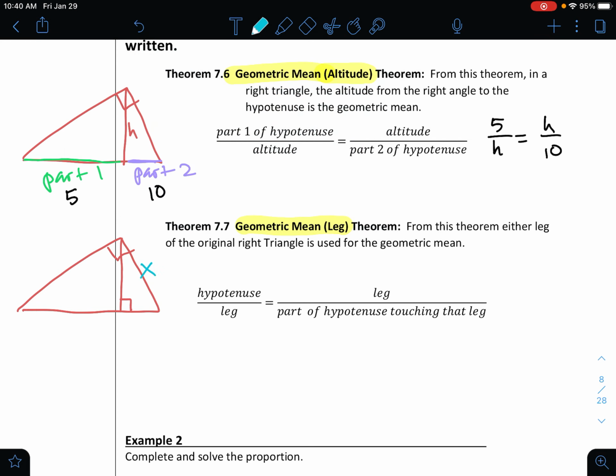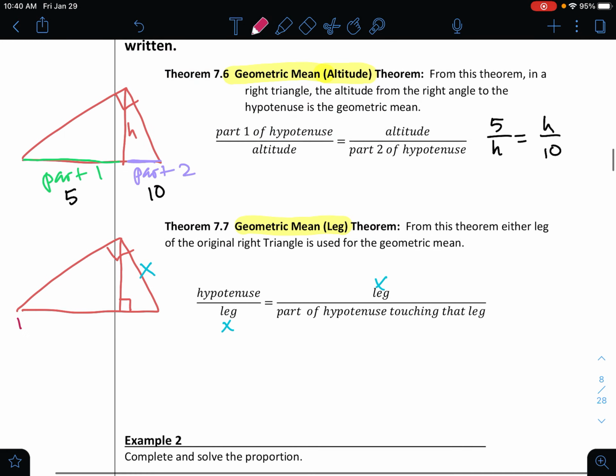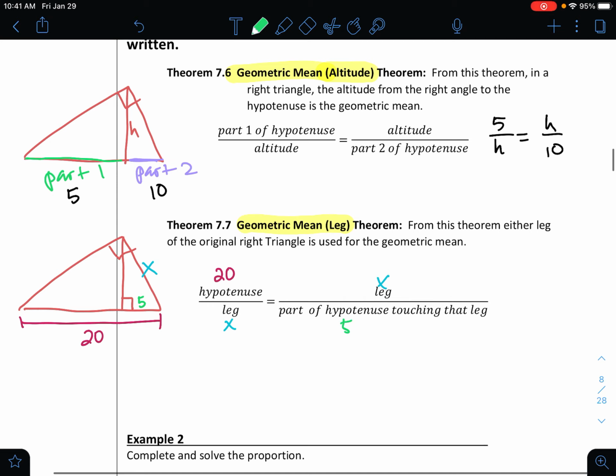Let me color code. I'm going to put x for my leg. The two items I need are the hypotenuse of the whole triangle, so let's say the whole hypotenuse is 20, and then the part of the hypotenuse that is touching the leg we're doing the geometric mean of.